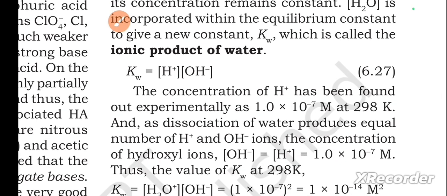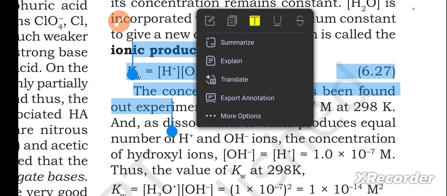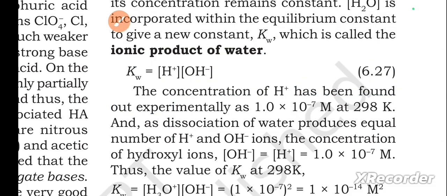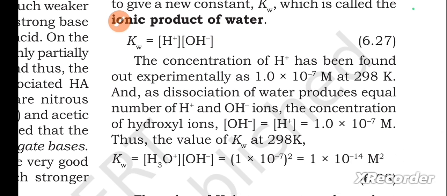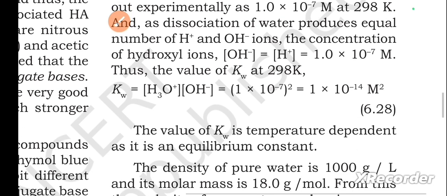The concentration of H+ has been found experimentally as 1.0 x 10^-7 M at 298 K. And as dissociation of water produces an equal number of H+ and OH- ions, the concentration of hydroxyl ions equals 1.0 x 10^-7 M.